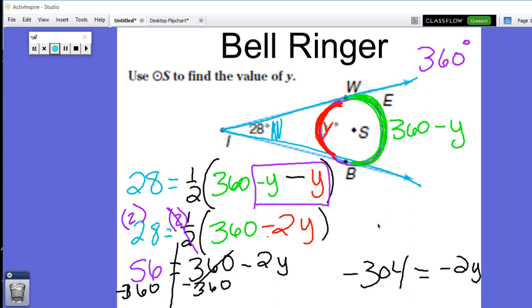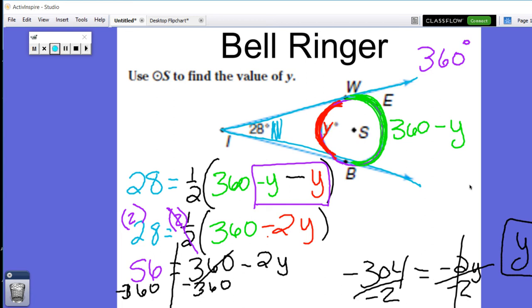To get our answer, the last thing we do is we divide by a negative 2. So our final answer should be y equals 152. That's going to be the value for y.